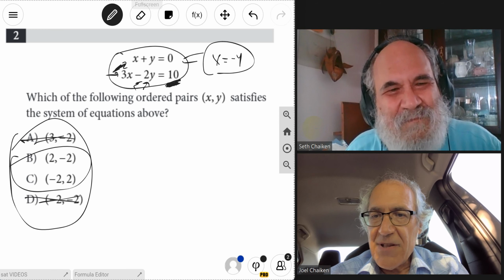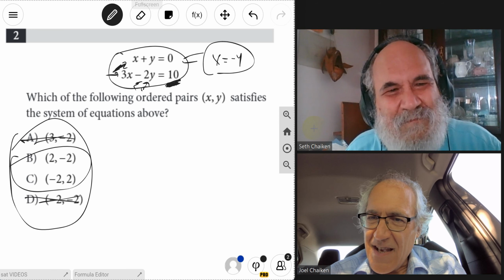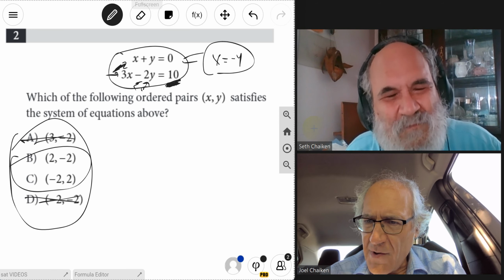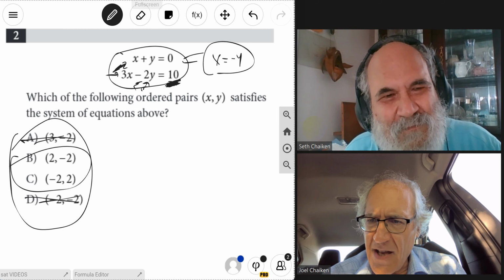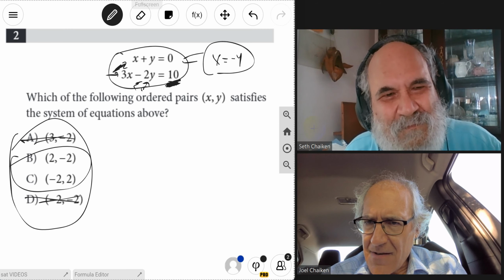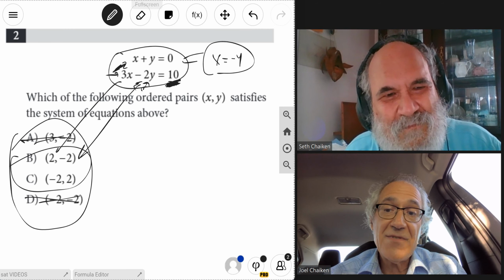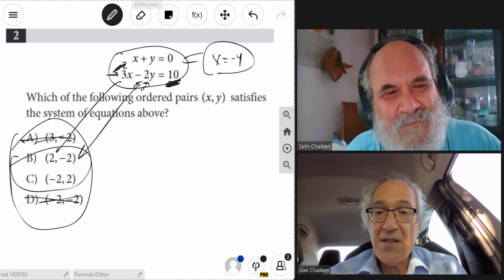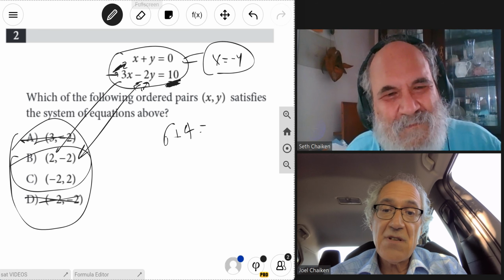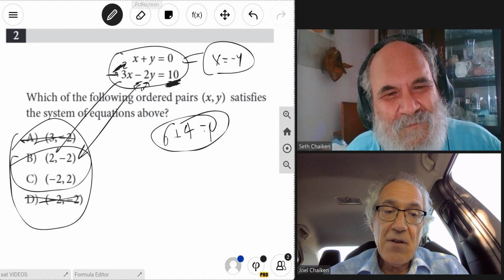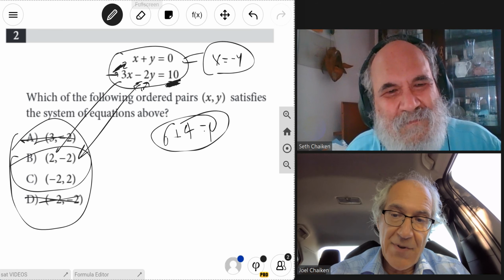Which one is the only one that will give a positive 10? It's the positive X and the negative Y, which is really the only way to get a positive number, namely a positive 10. So you quickly look and say, oh yes, 6 minus 4 is 10, and you get the answer.